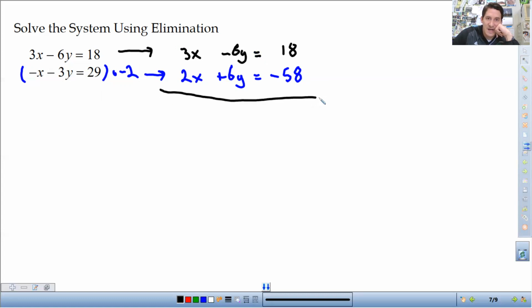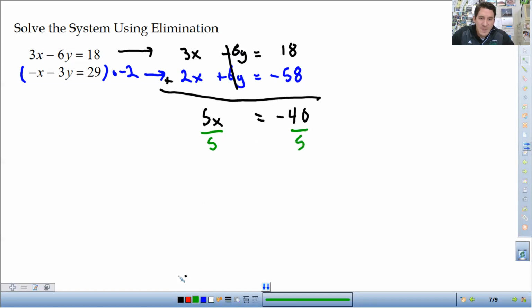Add the equations together. 3x plus 2x is 5x. Negative 6y plus 6y cancels out. 18 minus 58, that comes out to negative 40. Last step, divide both sides by 5. You get x is equal to negative 8.